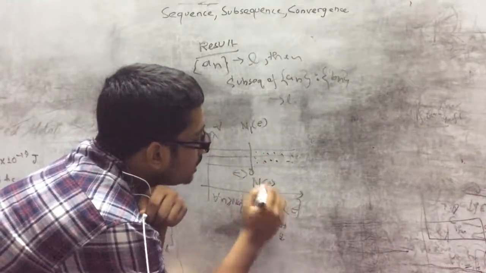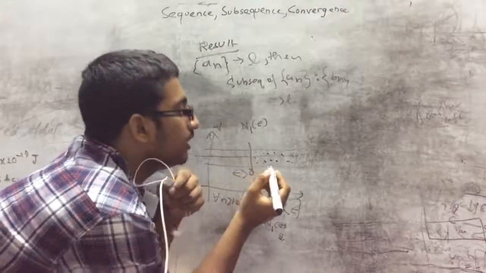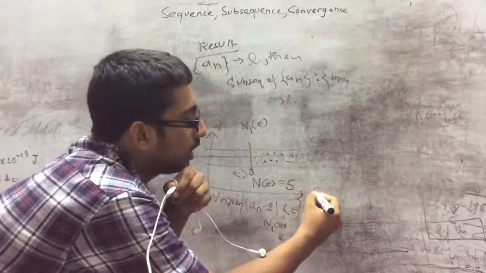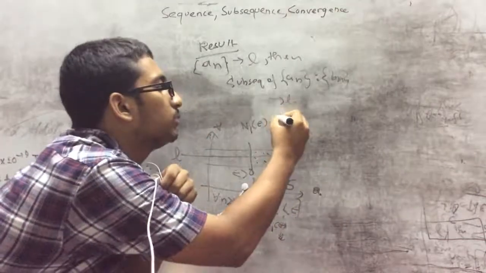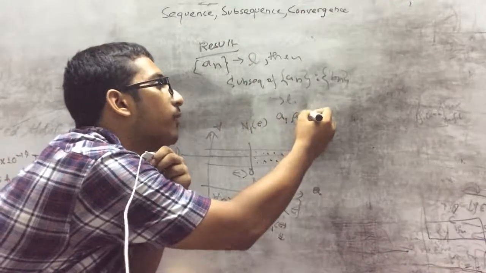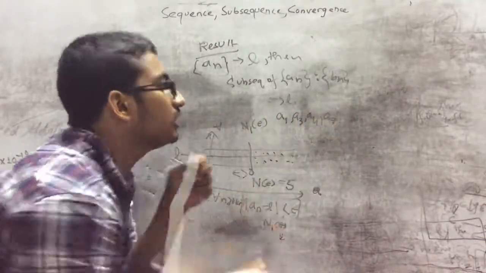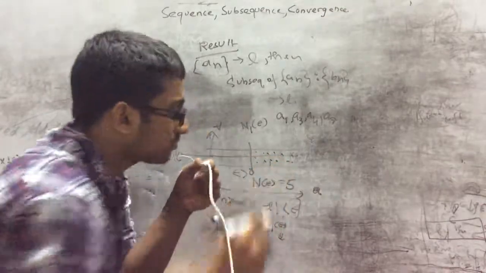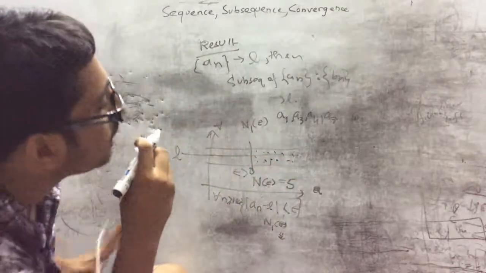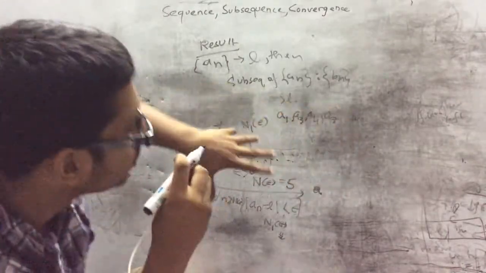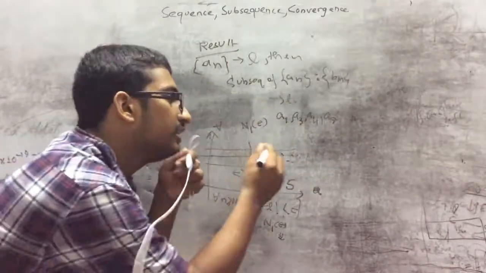Consider the first number of the subsequence. Suppose N of epsilon equals 5, and the subsequence we have taken is a1, a3, a4, a7. Consider this a7. For all the terms after that a7, all those subsequence terms will also lie in this strip.